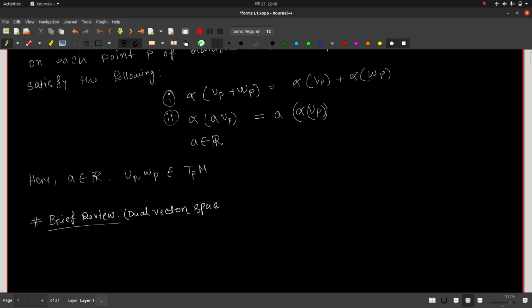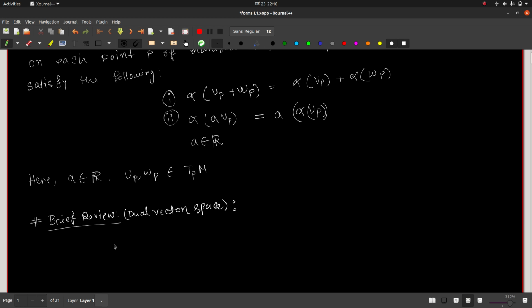A dual vector space is something that also contains vectors, but when you take an element from the dual space and act it on the vectors that are on the tangent space, you should get a real number. This is how the dual space is defined.